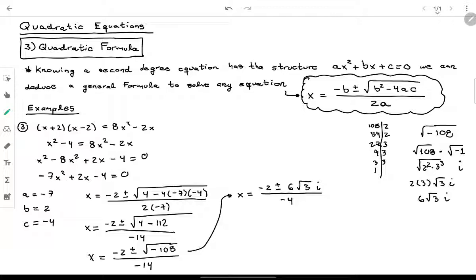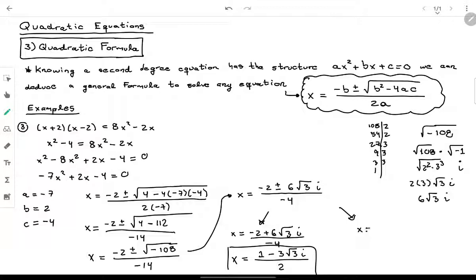So that means first, x equals minus 2 plus 6 times the square root of 3i, all of it divided by minus 14. So we can simplify because everything is divisible by 2, or minus 2, and we divide everything by minus 2. It's 1 here, minus 3 times the square root of 3i, over 7. This is going to be one of my answers.